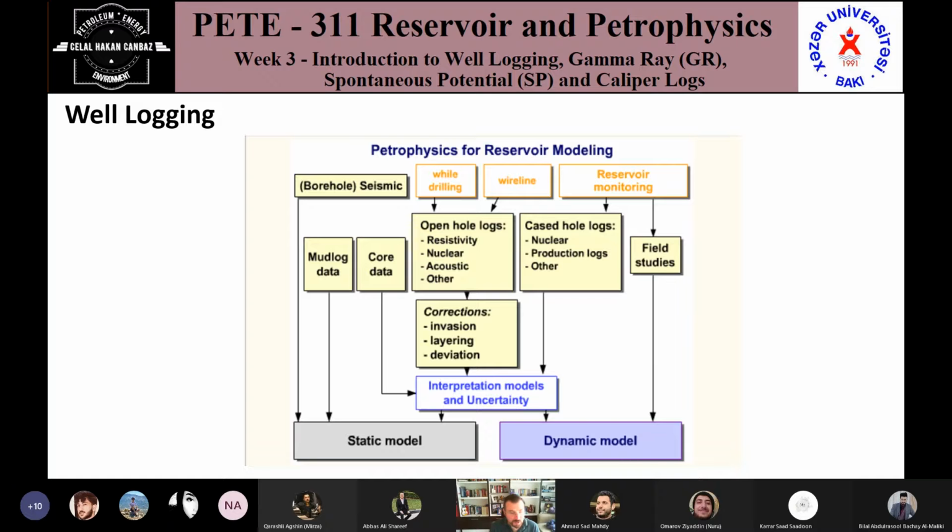For example, let me talk about this. In the future, when you start in a company, you will get some reports. In these reports, you will see static pressure and dynamic pressure, static temperature and dynamic temperature values. Static pressure and temperature means that your well is closed, your well is not flowing, and you waited at least 12 hours.